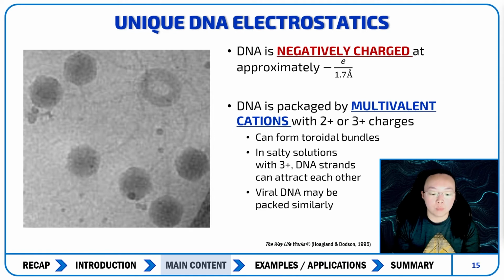So when you're packaging DNA and condensing it, you need 2 or 3 positive charges in order for it to be stable. So it then can form these toroidal bundles with histones. If you have a salty solution with a 3+ charge, then DNA strands may be attracted to each other. That's just something interesting to know about. And if we're taking a look at DNA in other organisms, they have a very similar packing structure, including viruses as well.